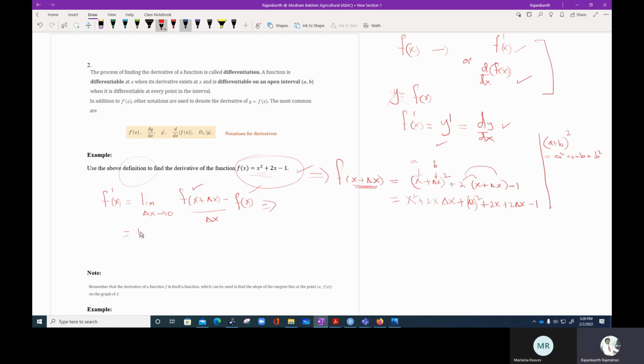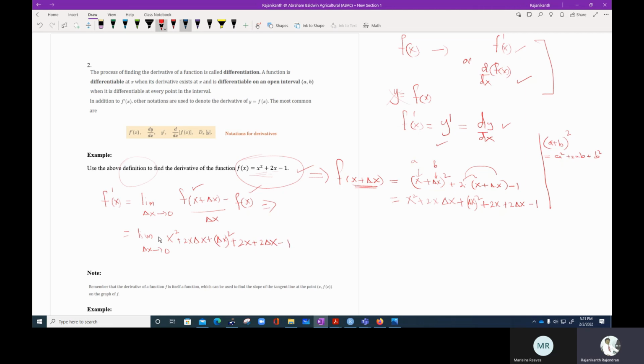So this is going to be the limit as delta x goes to 0 of f of x plus delta x, which we just expanded into this huge expression. I'm going to copy down x squared plus 2x delta x plus delta x whole thing squared, then plus 2x plus 2 delta x, then subtract 1.